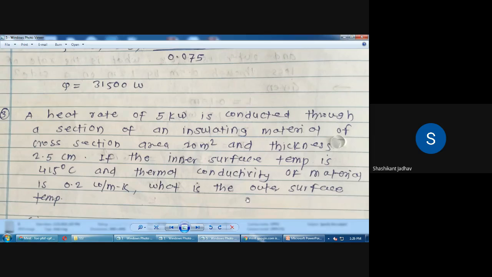Okay, Arti has found the answer, 719.25 Kelvin. What about others? Find out the value of T2.